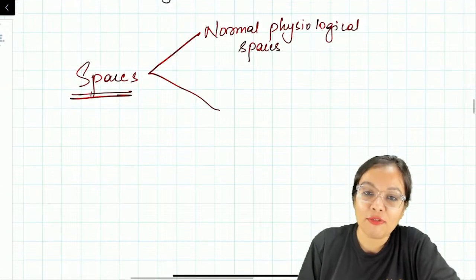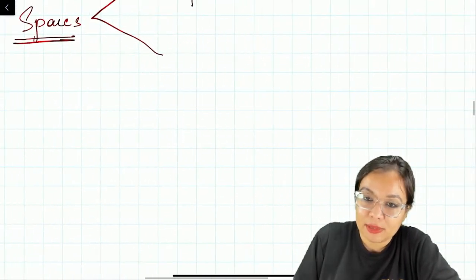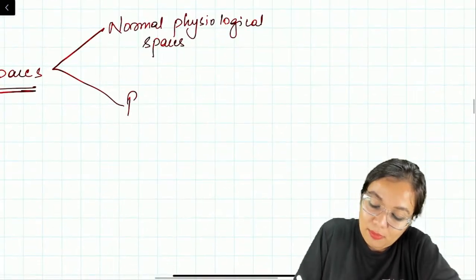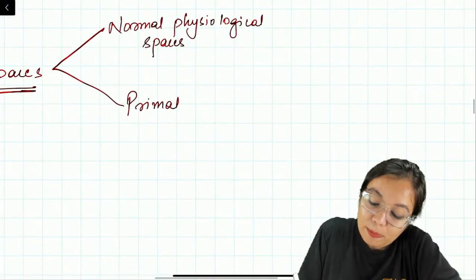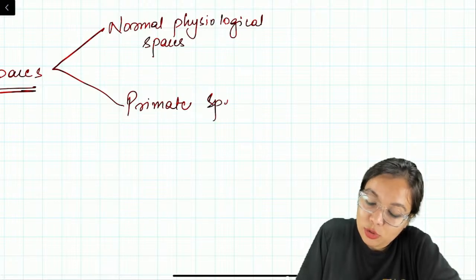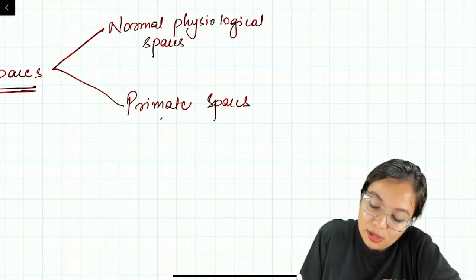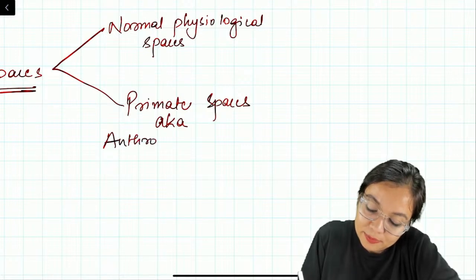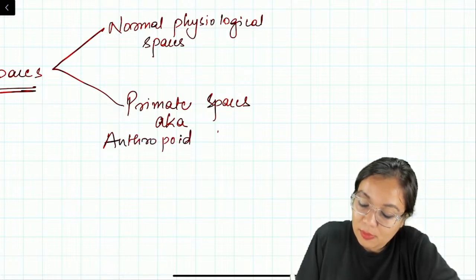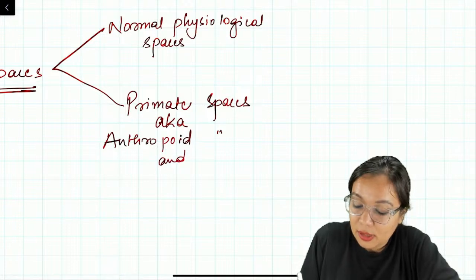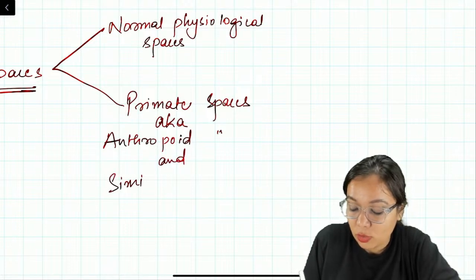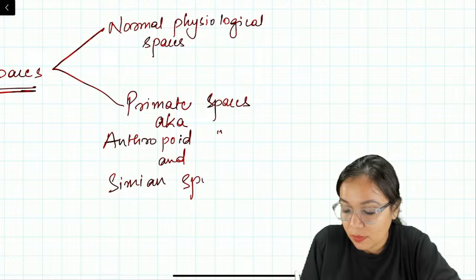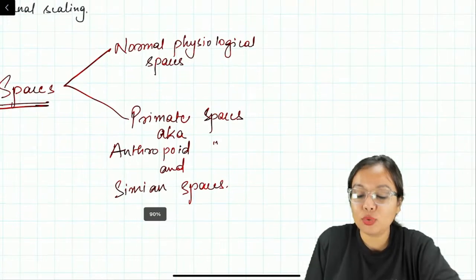And then we have the primate spaces. The primate spaces are also known as anthropoid spaces and simian spaces. Okay, so these are the two types of spaces.